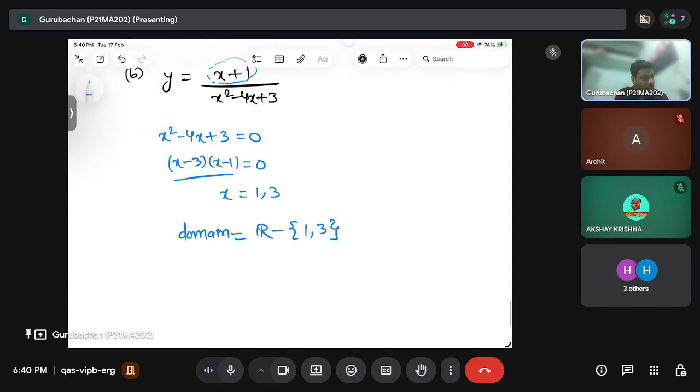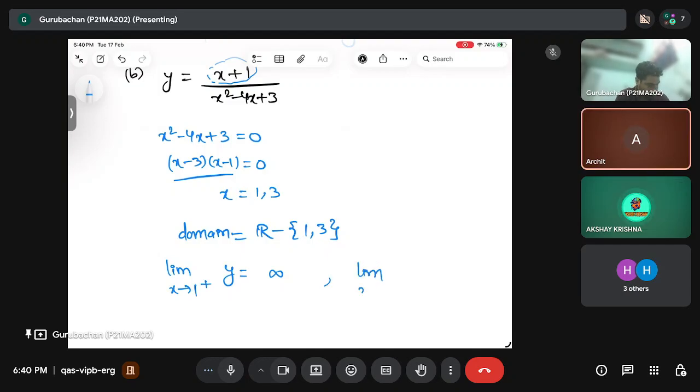Now tell me what is the limit as x tends to 1 plus? Infinite. And 1 minus? Minus infinite. Are you sure?